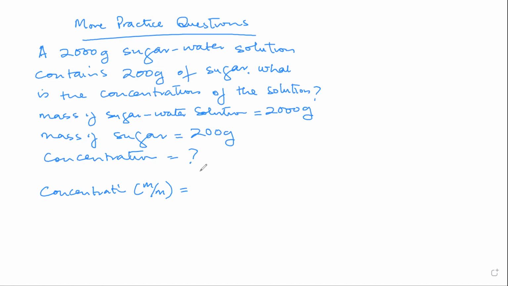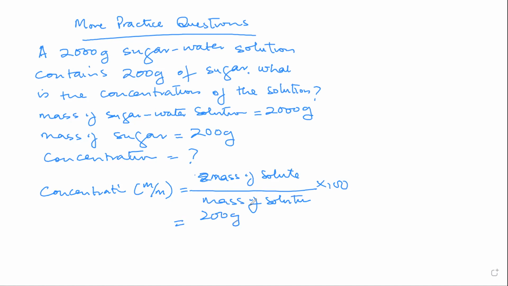So it will be mass of solute all over mass of solution times 100, which is 200 grams of sugar over 2,000 grams of sugar water solution times 100. So that will give 10%.